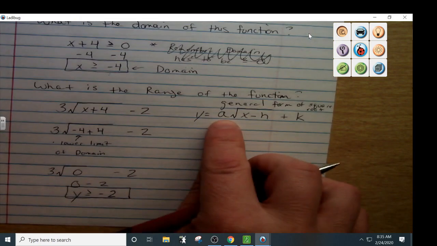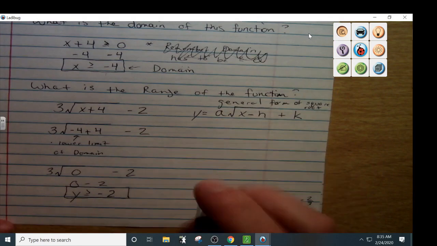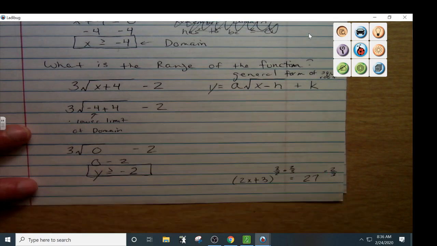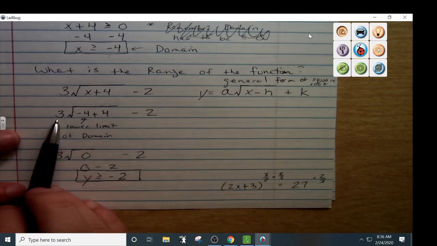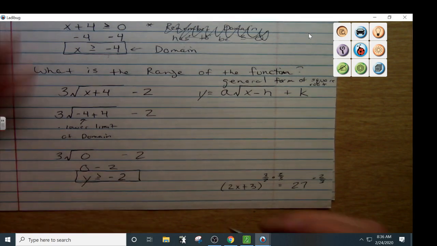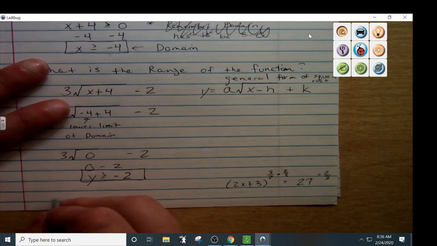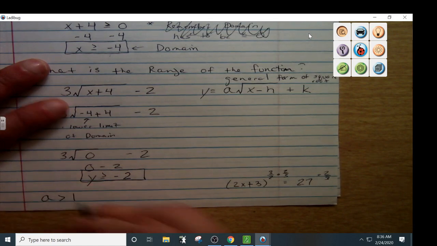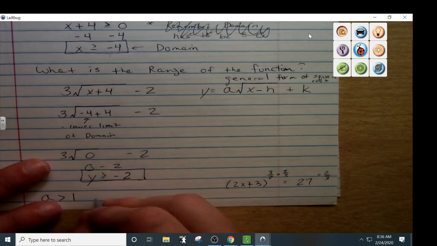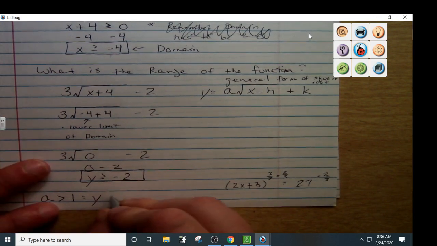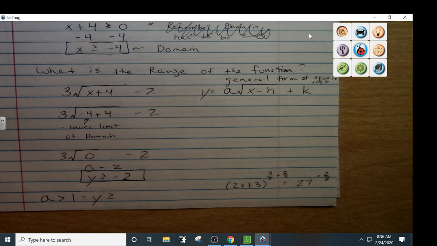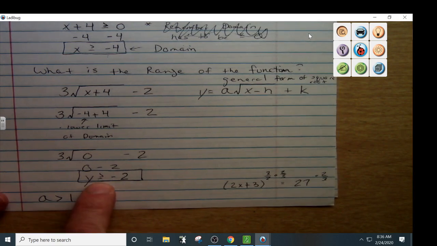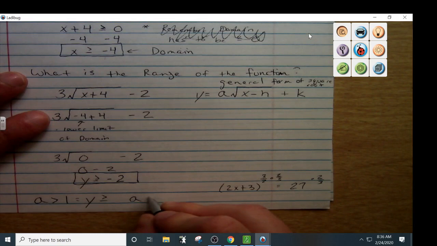Now, guys, as far as this sign right here, your a value is your multiplier out here. Okay. Your a value is your multiplier. If A is greater than 0, then it's going to be y values greater than or equal to. That's going to be the sign right here.